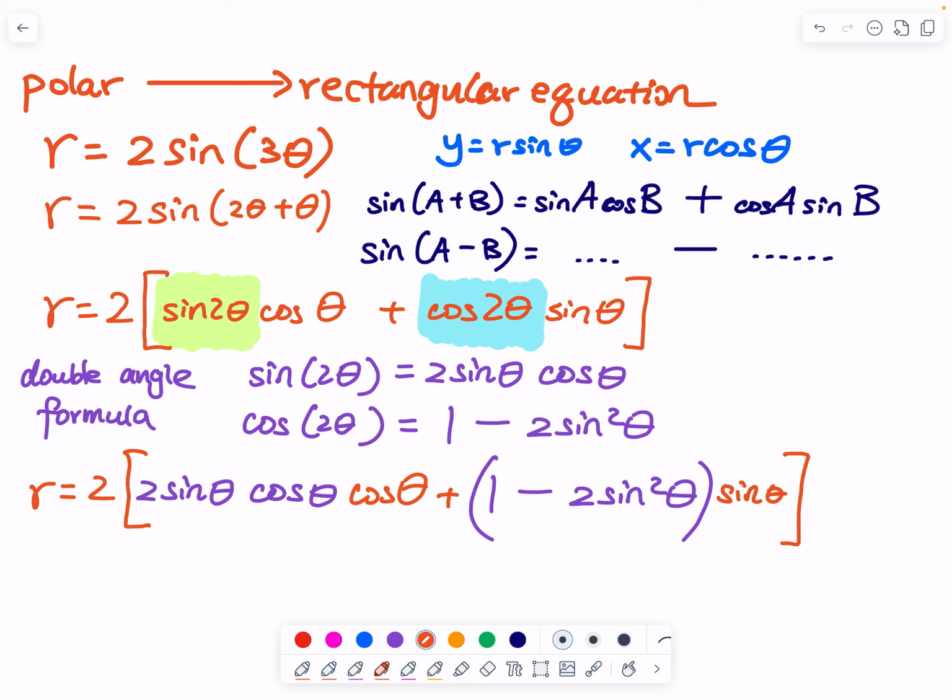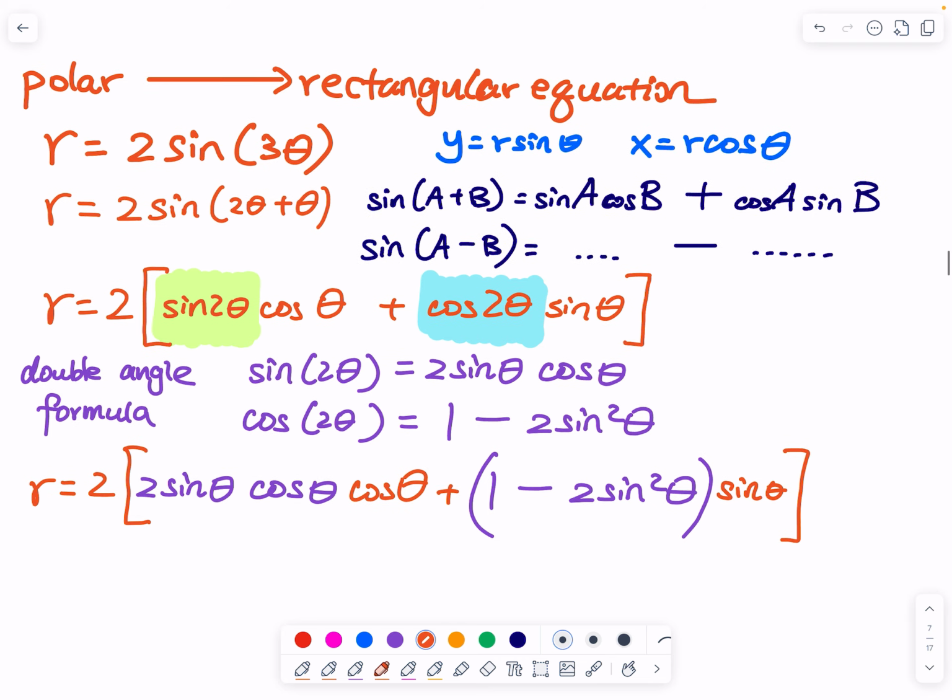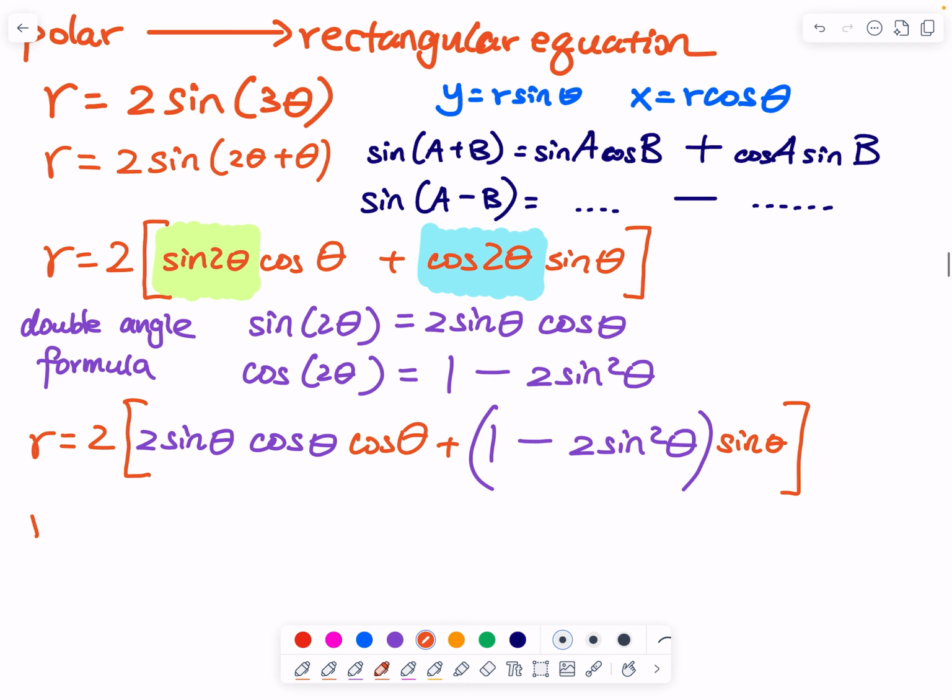Okay, anything that we can multiply? Cosine times cosine, right? Okay, then r equals 2 bracket 2 sine cosine square, and then plus sine minus 2 sine square theta.